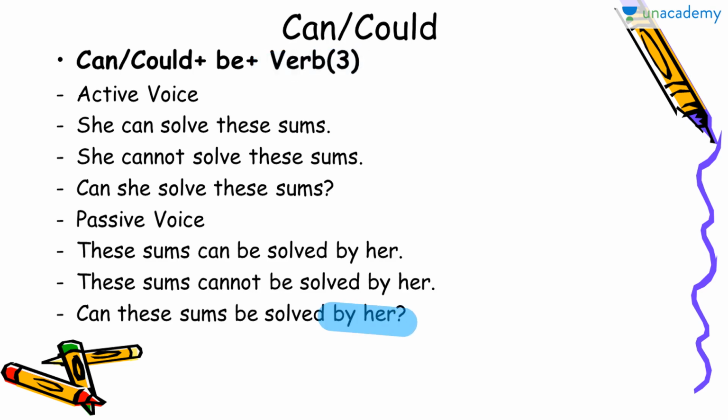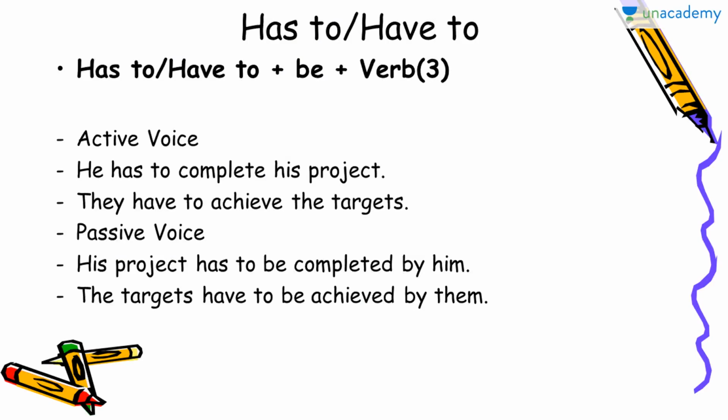By her. Next we see has to or have to. So has and have are used in perfect tense, but here we are using them along with to. So in passive, first the object will come, then has to or have to will come according to what is given in active voice. Be is added, and then after be, the third form of the verb.